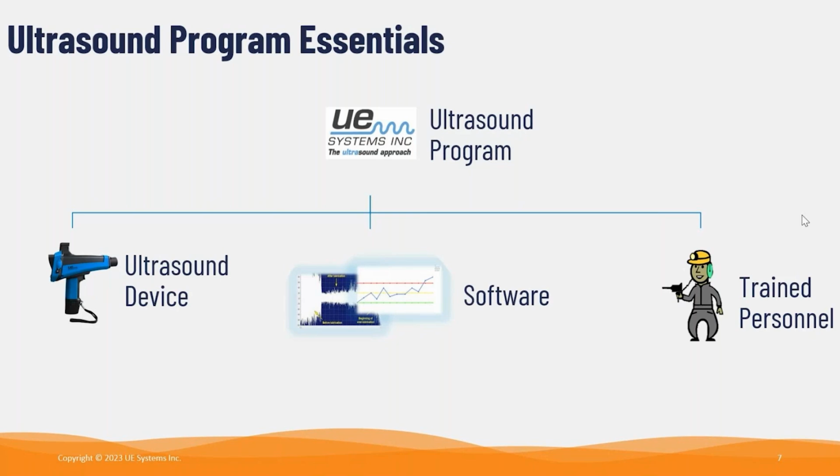This is where you can build your equipment database and log measurements to it, trend your decibel levels, analyze your sound measurements, and last but of course not least, the trained personnel that will lead and implement that program. Because you can have the highest instrument models and the up-to-date software, but without trained personnel, you will not be able to implement a successful ultrasound program or an effective ultrasound program.